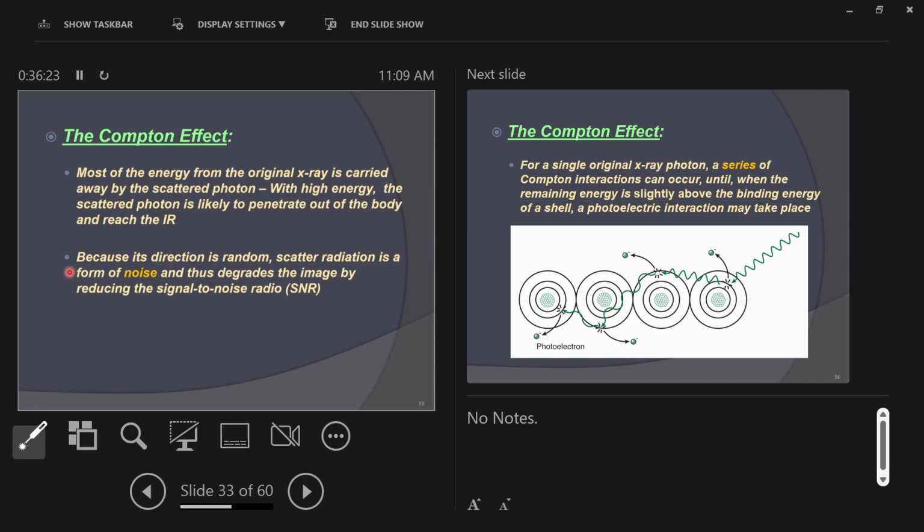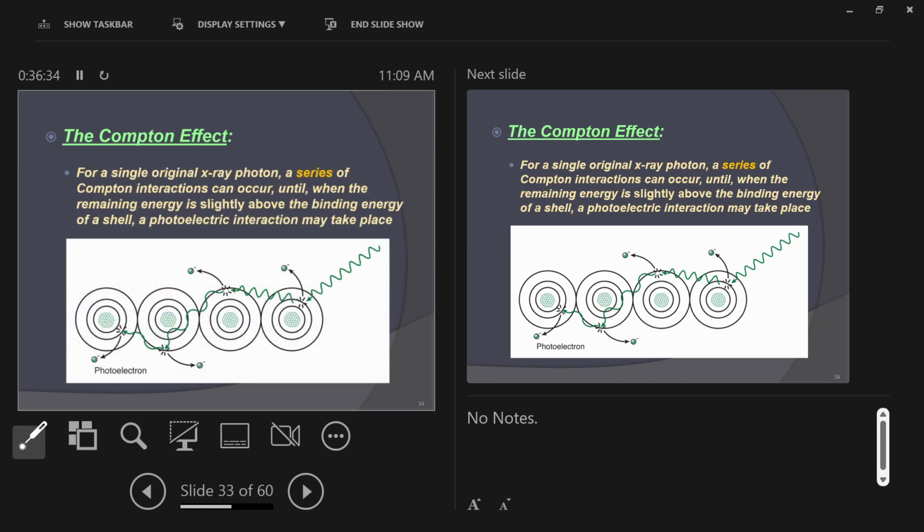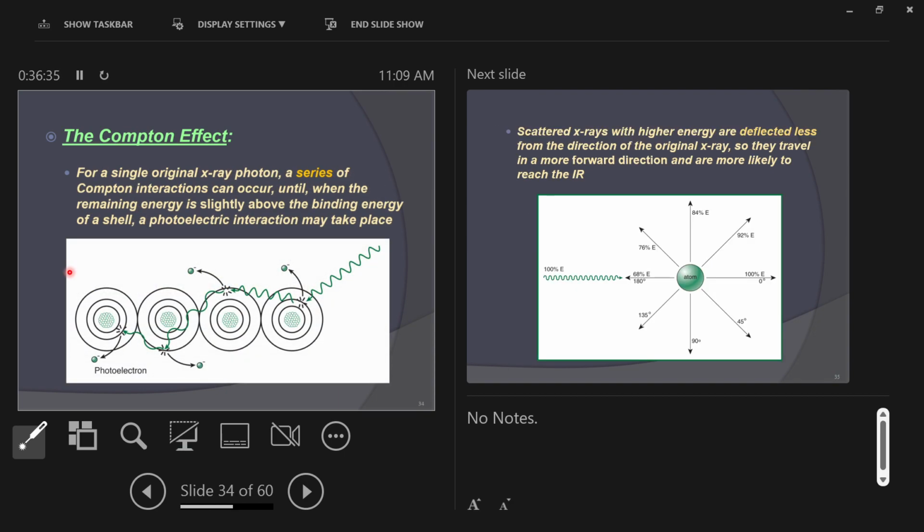And because it retained most of its energy, it could jam straight through the body, not touch anything else, hit the image receptor, scattered radiation still. However, there's lots of other atoms nearby. It is likely in a Compton interaction, for the first Compton interaction, producing a secondary photon, for that secondary photon to now go and make another Compton interaction, and another one, and another one.